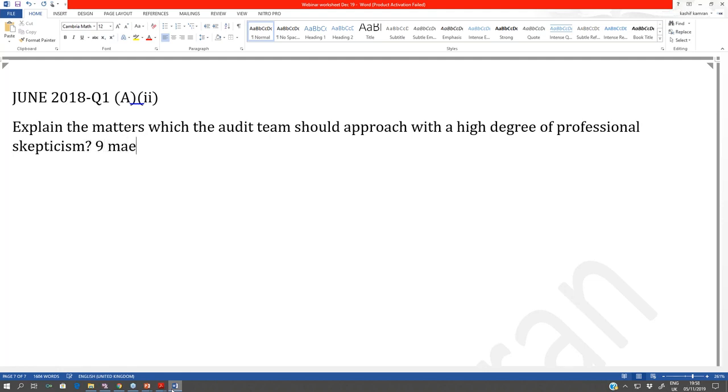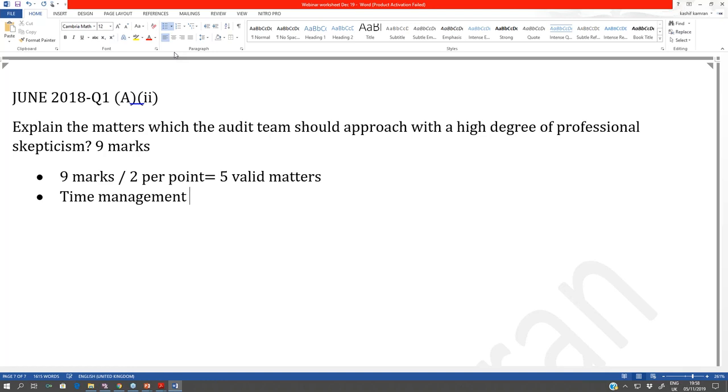Now we know the marks allocation and how to do it. We have 9 marks, so 9 marks divided by 2 per point is equal to writing 5 valid matters, which can give us the 9 marks answer here. And in terms of time management for this 9 marks answer, we have 9 marks multiplied by 1.95 minutes.